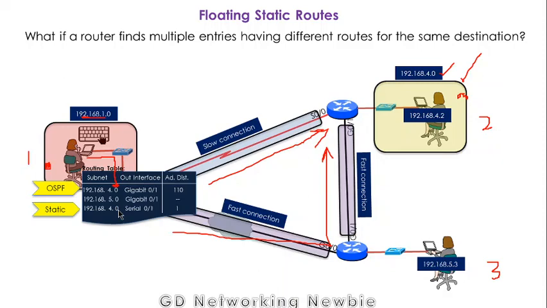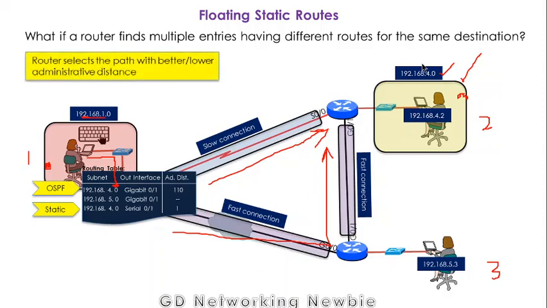So we manually set this route, that the router has to follow when it wants to go to this destination network. But now the question is, we have multiple entries, so which entry to select to forward the traffic to the destination network? In this case, we have a rule.